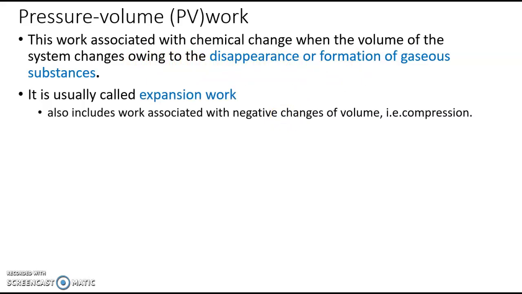That's because it's gases that expand to fill the volume. This is usually called expansion work, but it can also include compression work, which is associated with negative changes in volume. So W will be positive in such a situation.